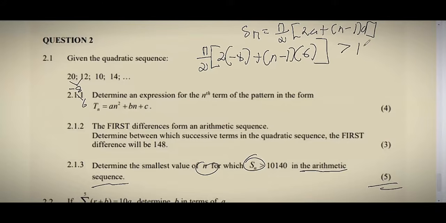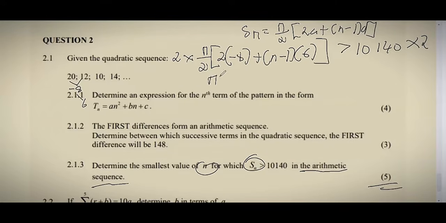Greater than 10,140, right? In order to solve this, guys, a quick way to do it is just to get rid of this 2 first by multiplying by 2 here. So you are just multiplying by the reciprocal. Remember, this is 1 over 2. The reciprocal of 1 over 2 is 2 over 1. So multiply both sides by this 2.